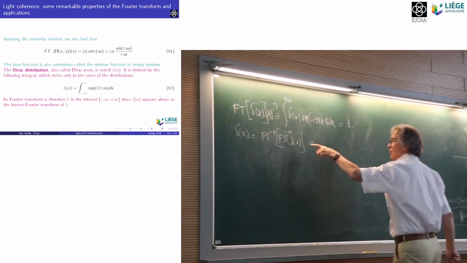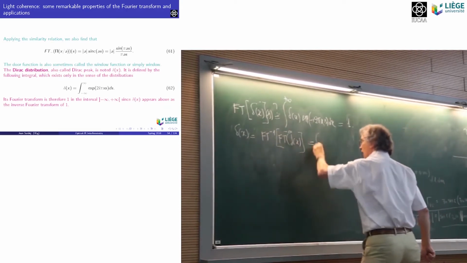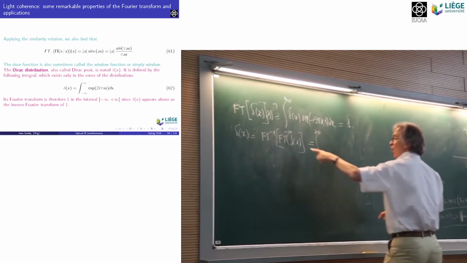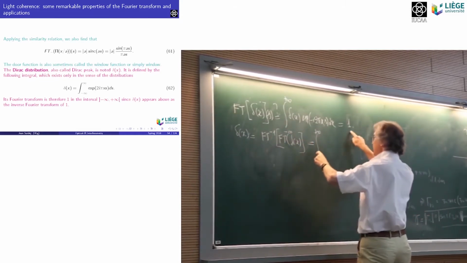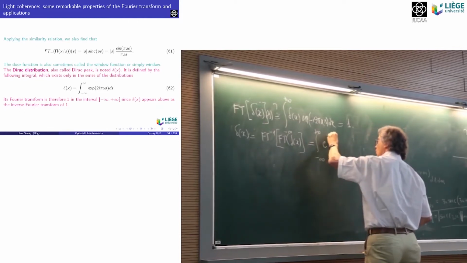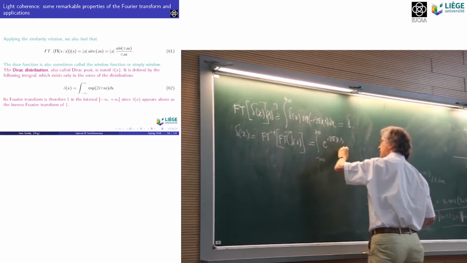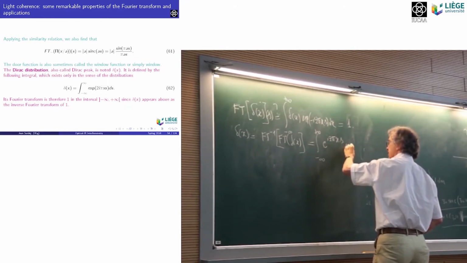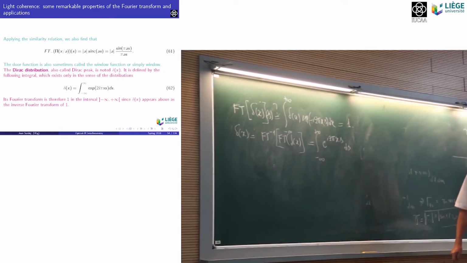So it is equal to the integration from minus infinity to plus infinity of the Fourier transform of delta x, which is 1, times e^(i2π x s) ds.